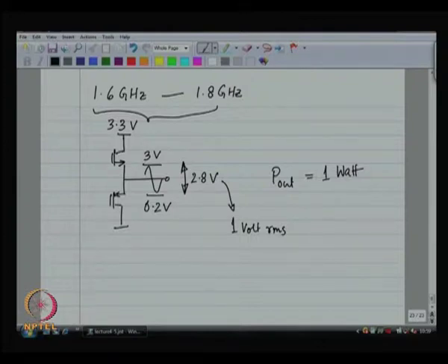So, I am choosing easy numbers for my numerical. Might not be the case when you do your numericals, but I am doing it with pen and paper. All right. So, I have got a 1 volt RMS signal. I need to pump out 1 watt of power.